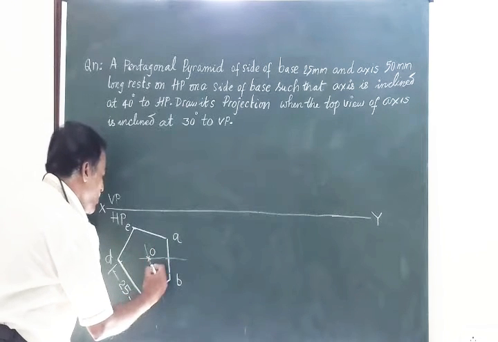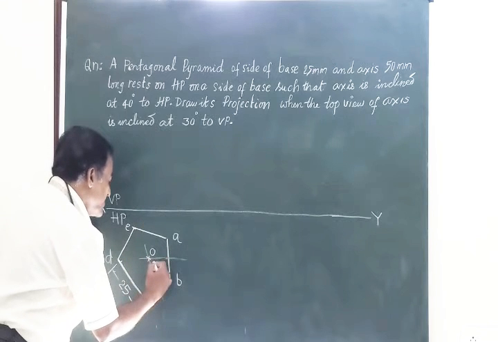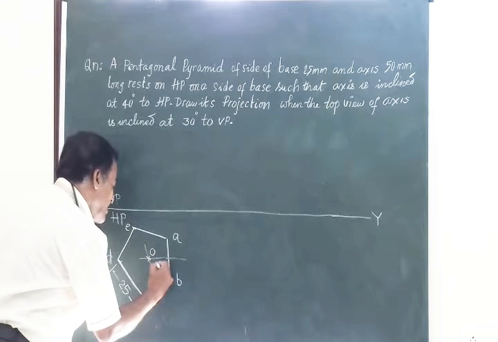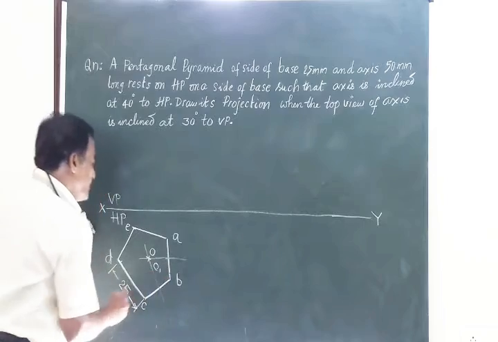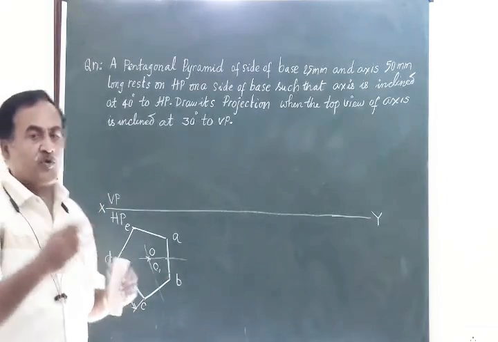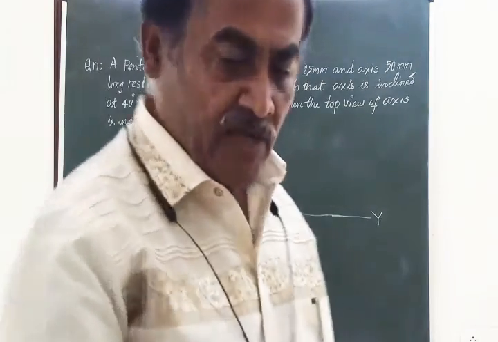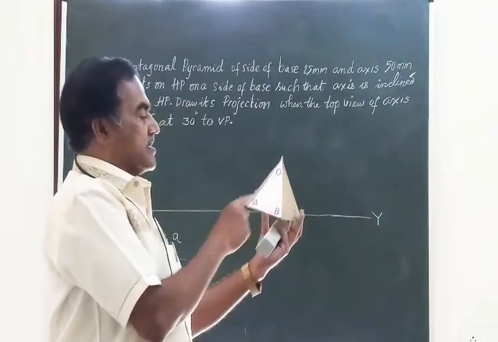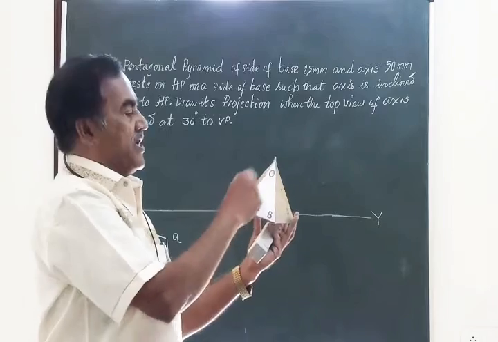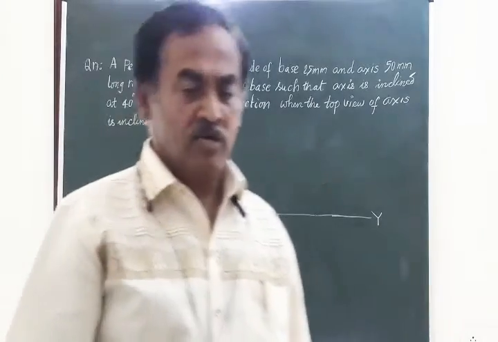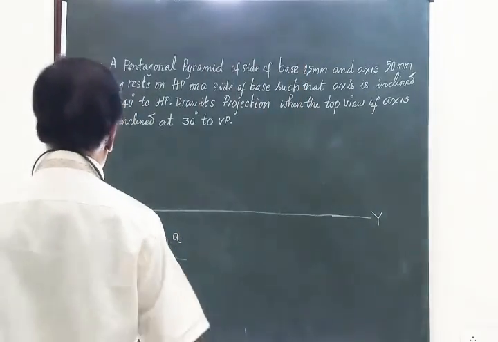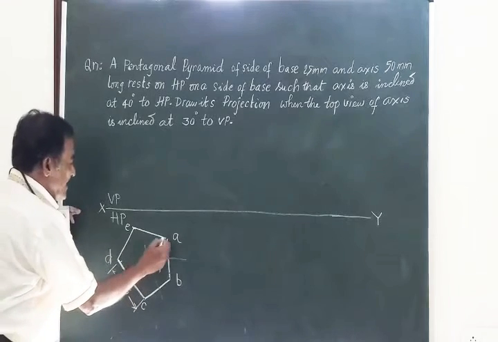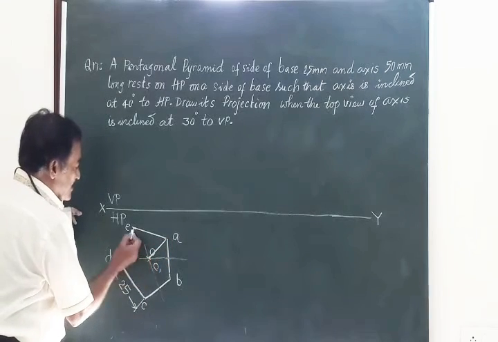So I call it O, the top view of the vertex, and O1, the center of the base. And as I've shown you before, the vertex of the solid is to be joined to all the corners. That is, I have to join O to A, O to B, O to C, O to D, and O to E. I show all these slant edges by visible lines.